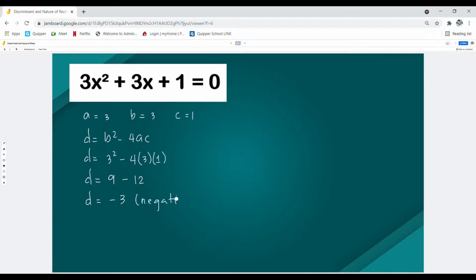When it's negative, what is the nature of roots? You can tell that the equation has no real roots.